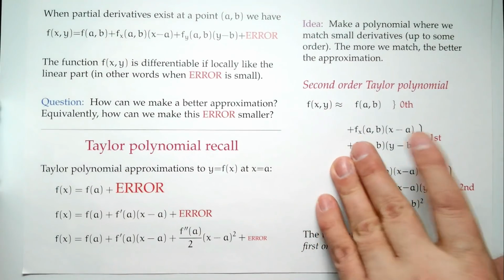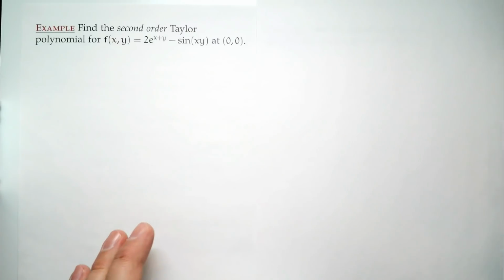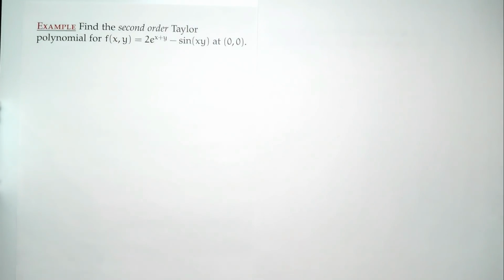Here we go. Find the second order Taylor polynomial for the function f of xy equals 2 e to the x plus y minus sine of xy at 0, 0. Okay, so I'm trying to find the second order Taylor polynomial. Basically, what I know lies ahead for me is many, many derivatives.